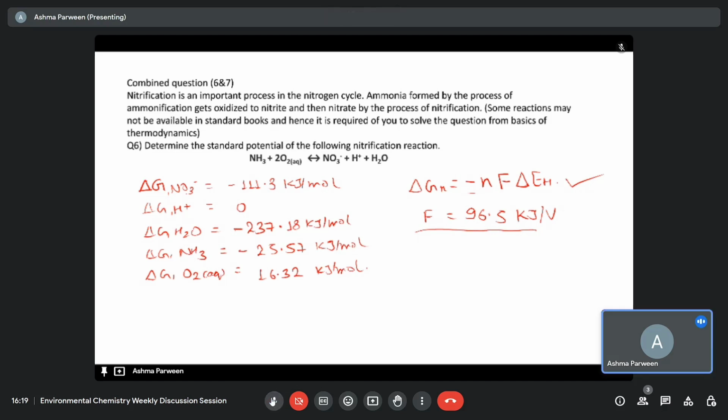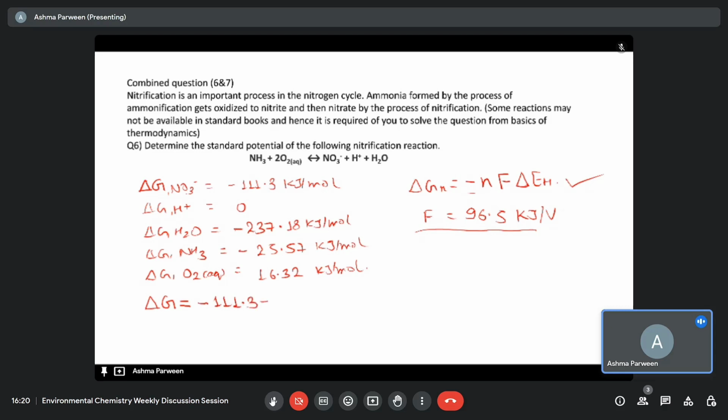Okay, let's see how to solve this question. First we'll find the Gibbs free energy of the overall reaction. We add the delta G of formation of the product side and subtract the summation of the reactant side. First is nitrate, so it is minus 111.3 kilojoules per mole.